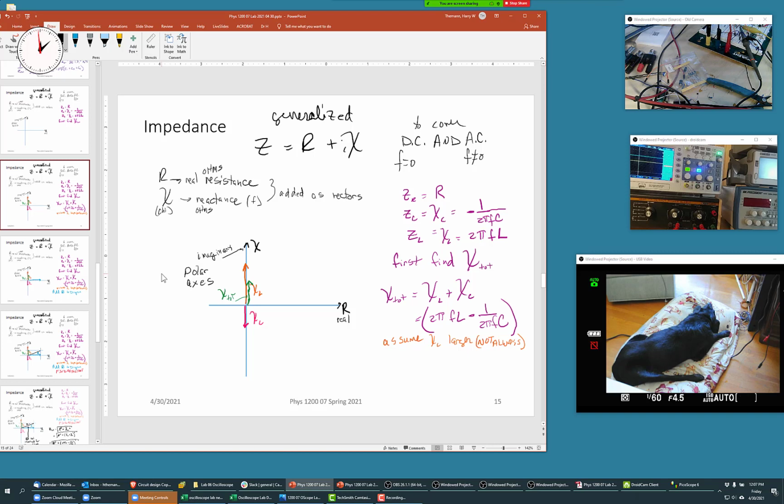This is also why resonance happens, but I will table that for the time being and explain it later or next week. So first you determine the total chi, and you draw it here. Well, you don't have to draw it, but this is what's going on behind the scenes. I have a resultant in green, the chi total. So the orange is chi L, the pinkish is chi C, and the green is chi total.